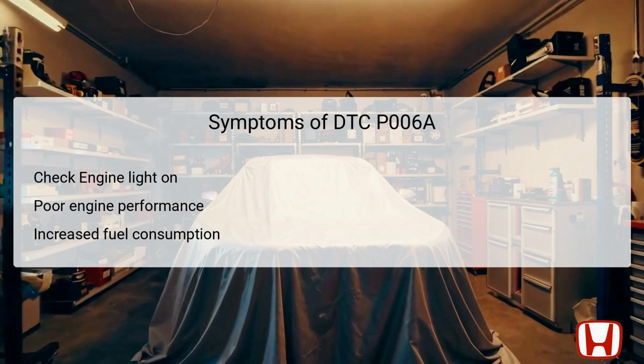Furthermore, increased fuel consumption can occur due to inadequate combustion caused by incorrect air-fuel mixture readings. These symptoms not only impact the drivability of the vehicle, but can also lead to longer-term engine issues if left unaddressed, making their recognition critical for timely intervention.